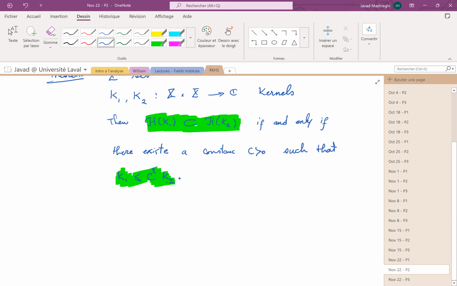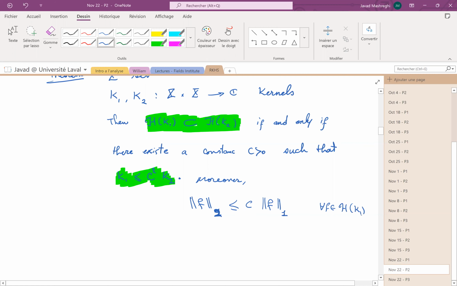Well, this is for the first part, but we can say a little bit more about C. Moreover, the norm of f in the second space H_K2 is less than or equal to the same constant C times the norm of f in the first space, for all f in H_K1.